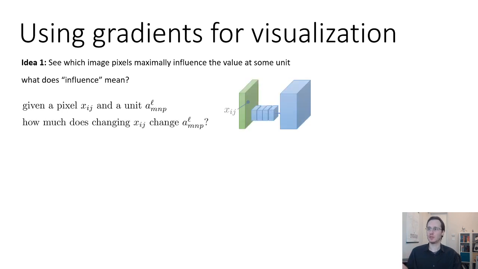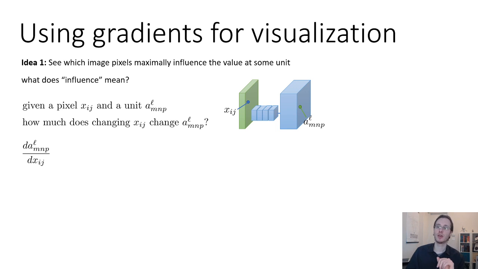So if we take some pixel x_ij and we take some activation and some filter, the partial derivative of the activation of that unit with respect to that pixel directly quantifies how much that pixel influences that unit. So if we care about a_{mnp} at layer L with respect to x_ij, then da_{mnp}/dx_ij is directly quantifying that influence.